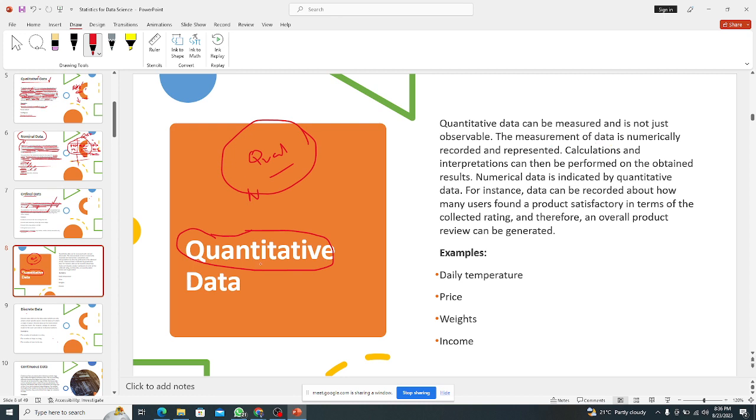So under quantitative data, we have data in numerical form, right? Quantitative data can be measured, and it's not just observable. The measurement of data is numerically recorded and represented.